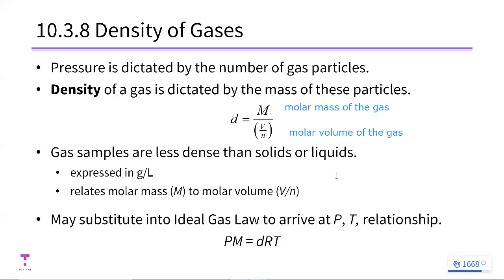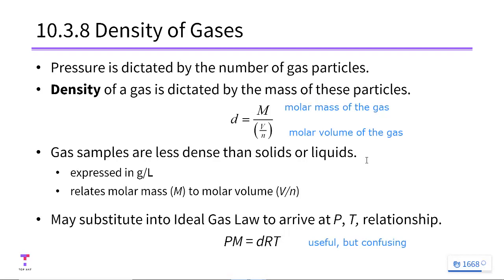Now, this last line here about how you can substitute those terms into the ideal gas law, I'm going to put a note right there. This is a useful equation, but it can be kind of confusing to actually apply.